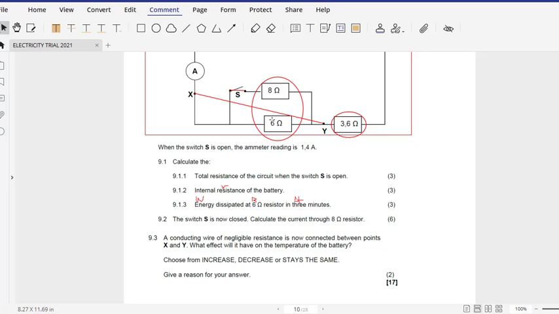In other words, this portion of the circuit has been short circuited. Then the current is taking that path, so we are going to see an increase in current. Whenever there is a short circuit, we see very large currents in the circuit.